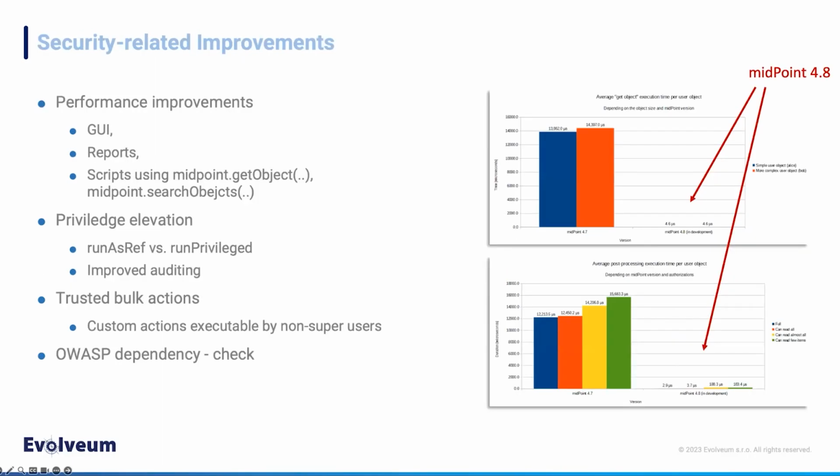There were more improvements related to security. One of the significant improvements is regarding performance. Briefly described, during any operation in MidPoint, authorizations are checked, and the get object or search objects operations are no different. Previously, this checking of authorization consisted of different phases.